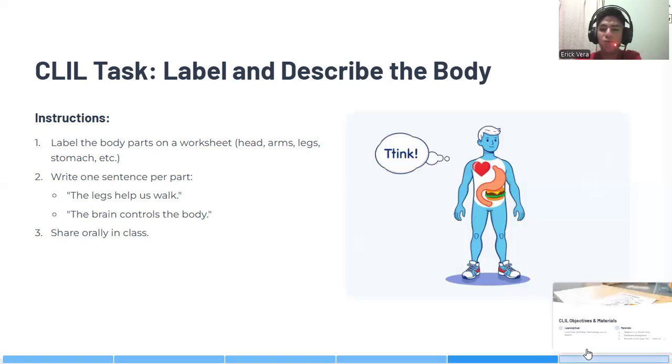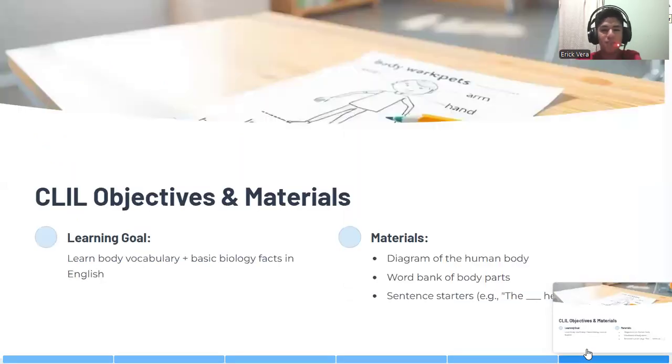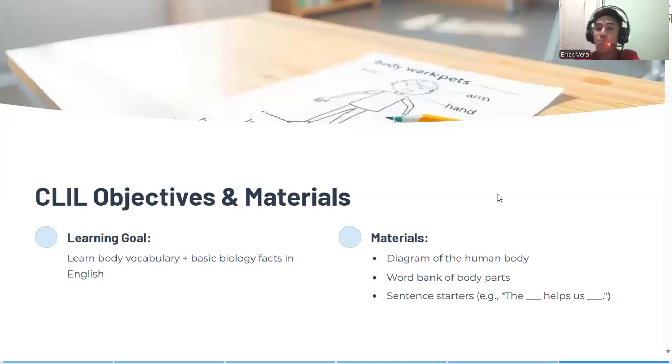But what is the intention of this activity? As you can recognize, the body parts are part of the science subject. Yes, they are part of the science subject. But through our lesson, we involve that content and provide students with key vocabulary, and they learn the body part vocabulary through biological facts, through biological visions, in our lesson in English.